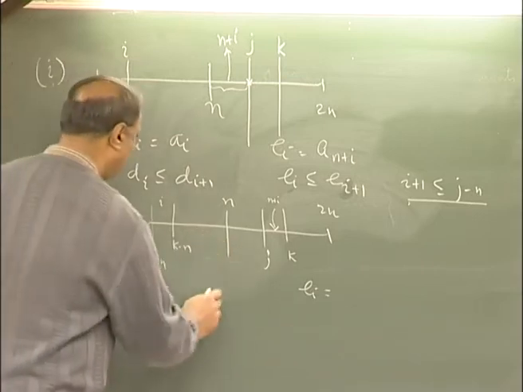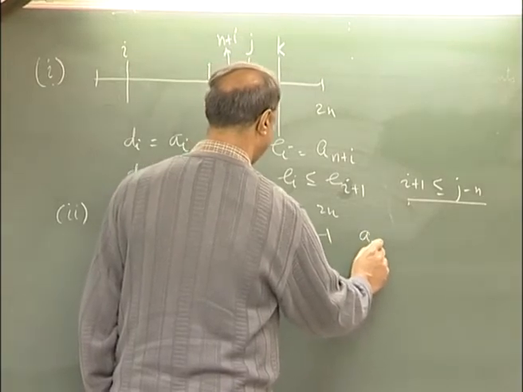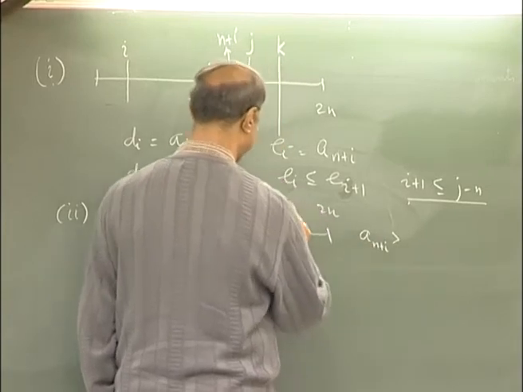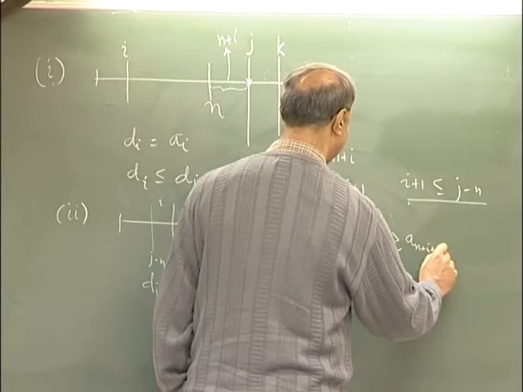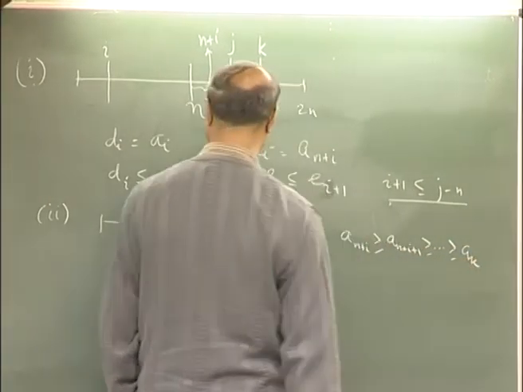So, in order to show that, you will be writing like that, A N plus i is greater than or equal to A N plus i plus 1 greater than or equal to AK.